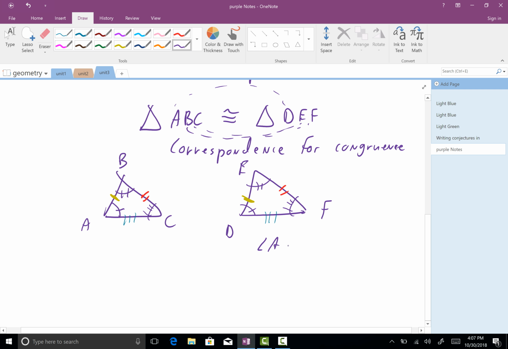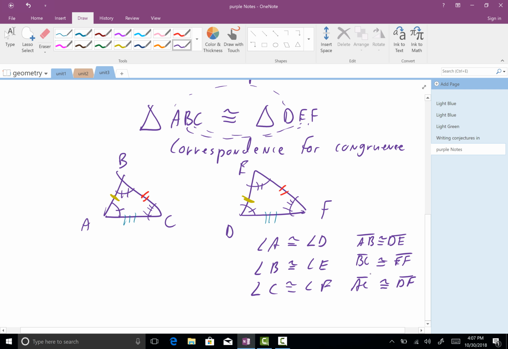So angle A congruent to angle D, angle B congruent to angle E, and angle C congruent to angle F. And the sides, AB congruent to DE, BC congruent to EF, and AC congruent to DF.